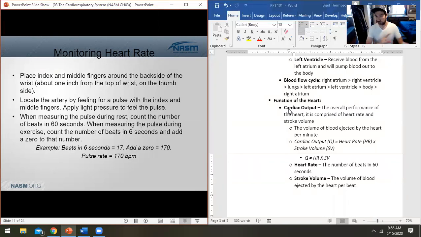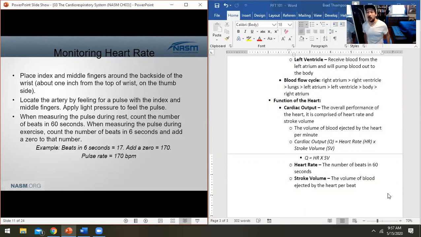So you measure their heart, it pumps 17 times. That means that their pulse rate is about 170, right? Which means this person's exercising pretty hard. That's a convenient way to generally monitor pulse mid-workout, right? Let's say your client's on a treadmill and you're teaching them how to measure their heart rate.